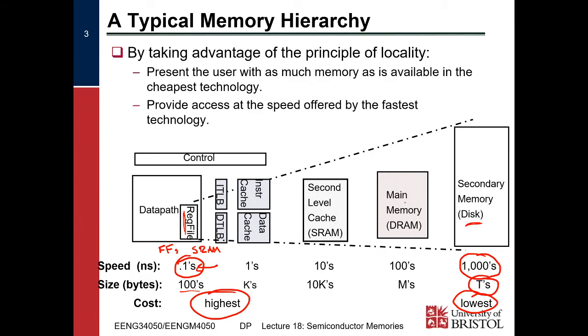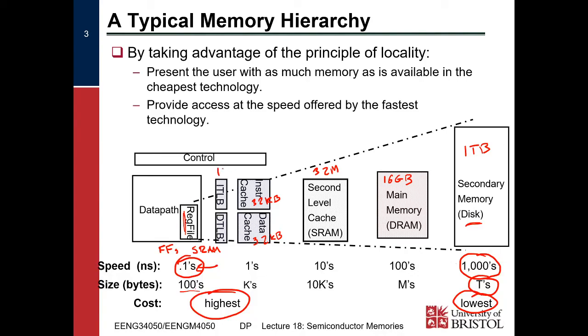So main memory, for example, so here we've got maybe 1 terabyte disk. Here maybe we've got 16 gigabytes of DRAM. You might have maybe a 32 megabyte second level cache. You might have, say, a 32 kilobyte instruction cache and a 32 kilobyte data cache.